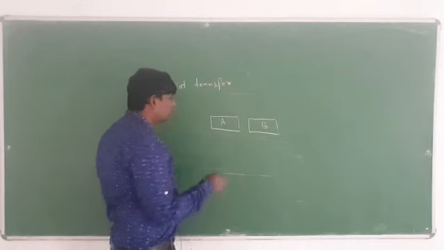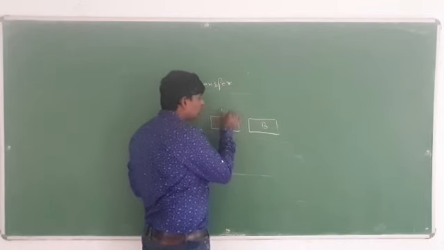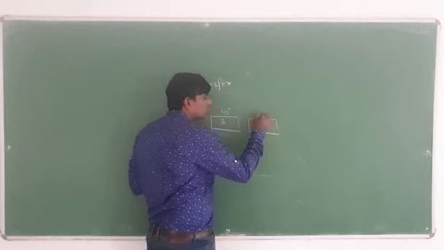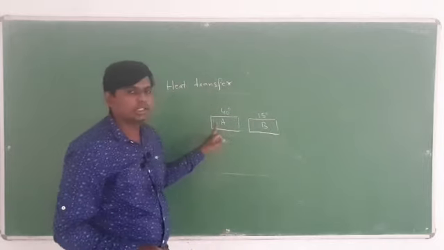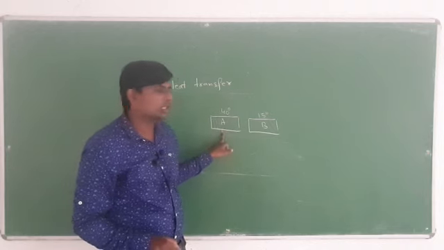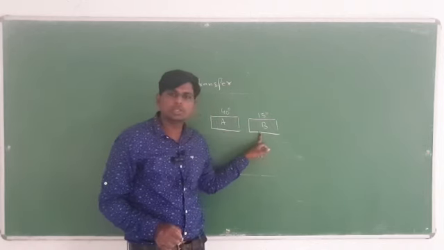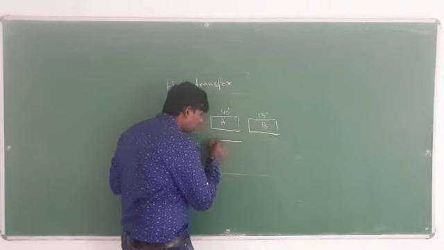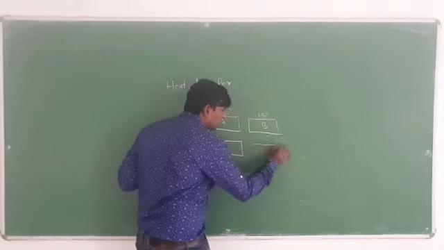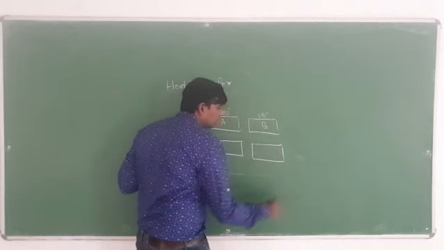For the first body the temperature is 40 degrees. For the second body the temperature is 15 degrees.